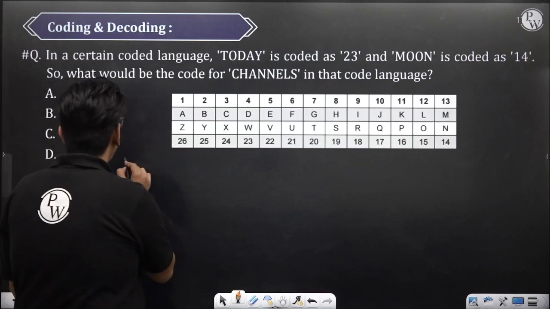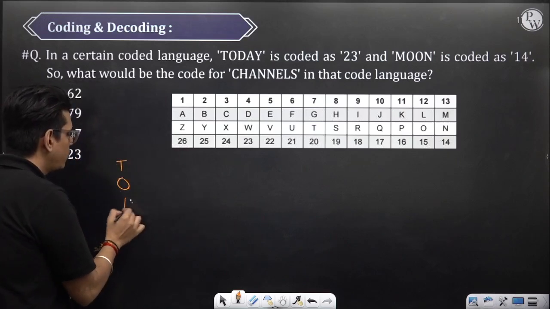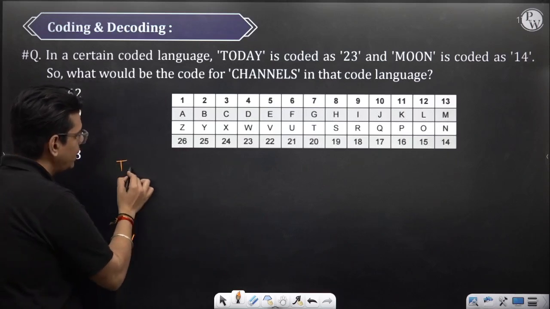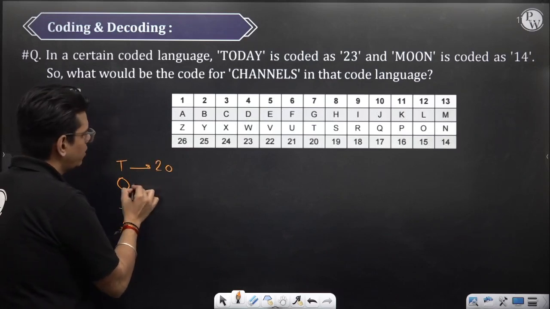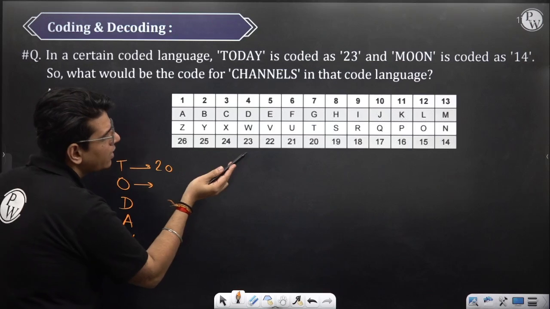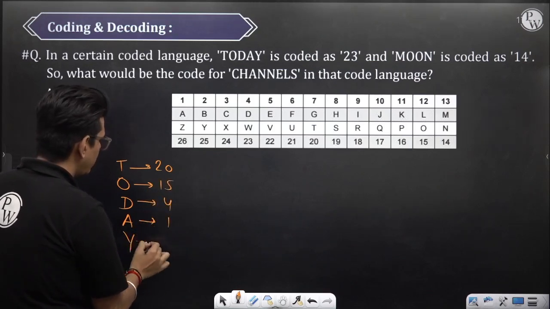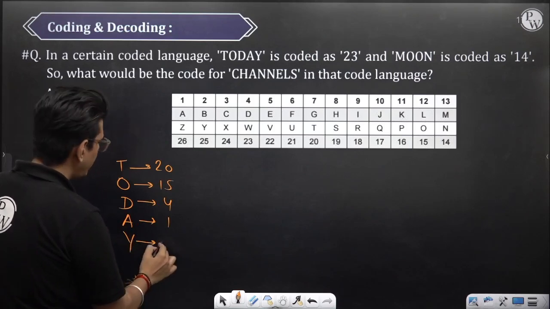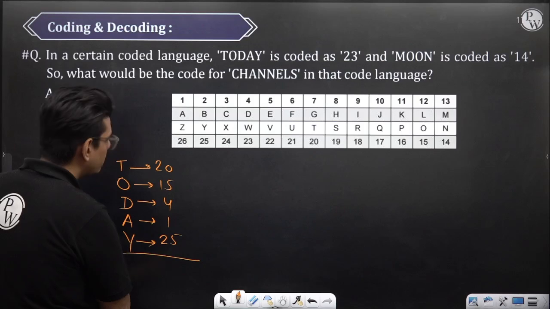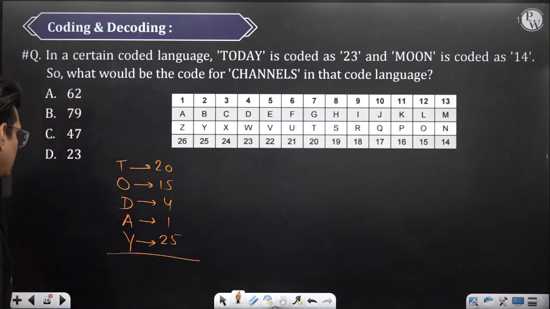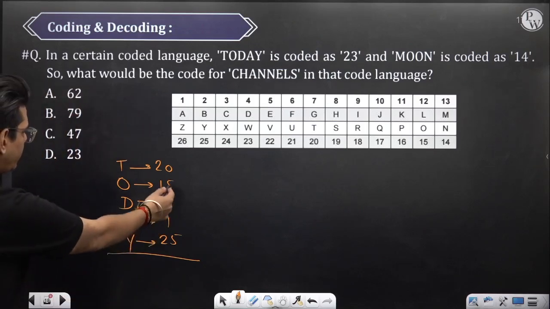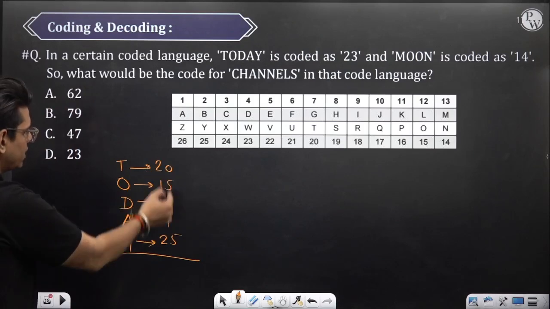Suppose I check today. T is 20, O is 15, D is 4, A is 1, Y is 25. Let's take the sum: 25, 50, 40, 45, 65.